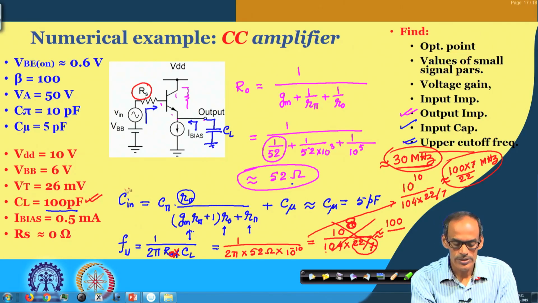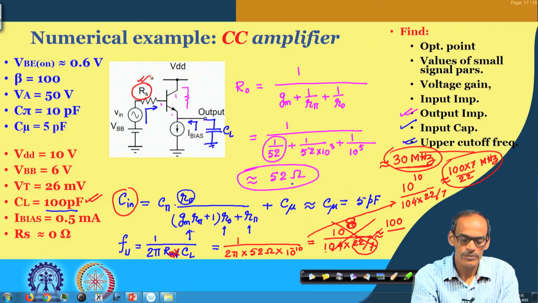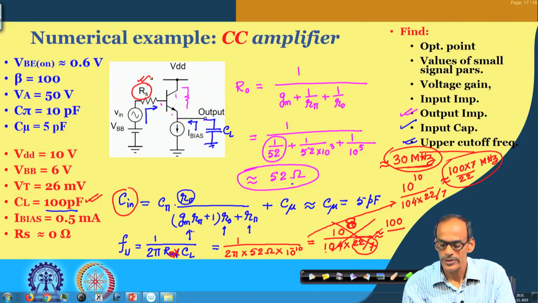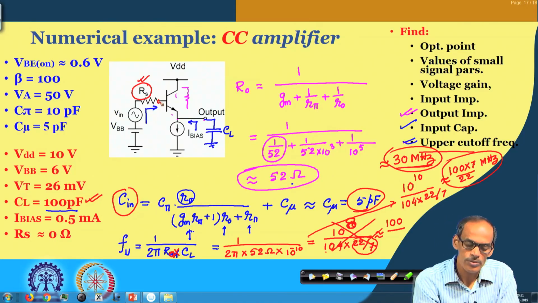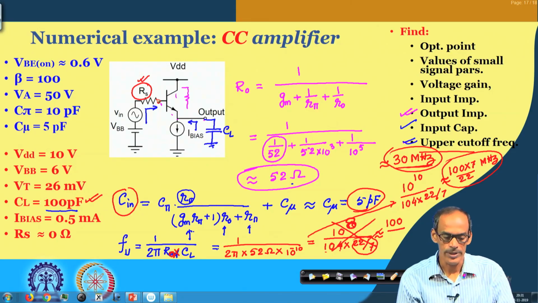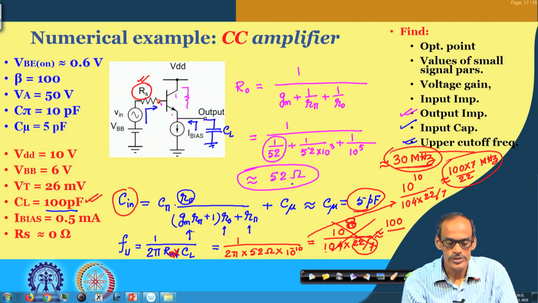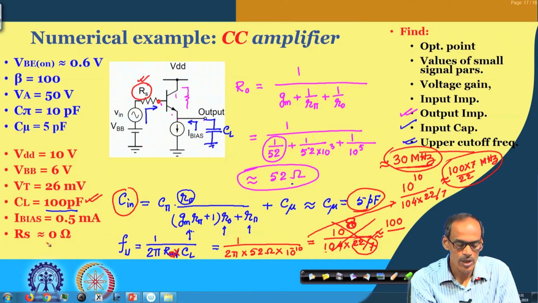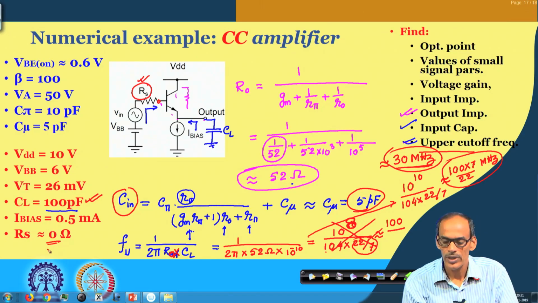So, the Cin is not having much role to play, but even if I consider a practical value of this source resistance, since Cin is small, the corresponding bandwidth coming from the input pole will also be quite big. So, let us see in the next circuit that if we consider source resistance R s, maybe having some practical value, then you can see what will be the corresponding impact.